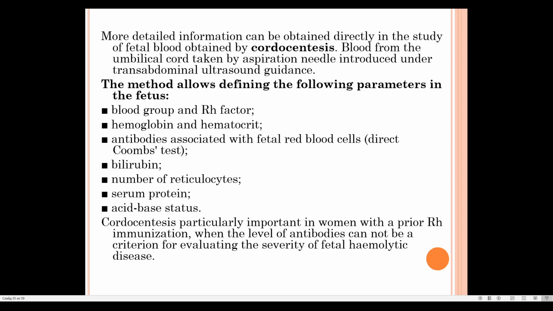The method allows defining the following parameters in the fetus: blood group and rhesus factor, hemoglobin and hematocrit, antibodies associated with fetal red blood cells by the direct Coombs test, bilirubin level, number of reticulocytes, blood serum protein, and acid-base status. So with the help of chordocentesis we directly receive fetal blood and of course can determine every necessary criterion.